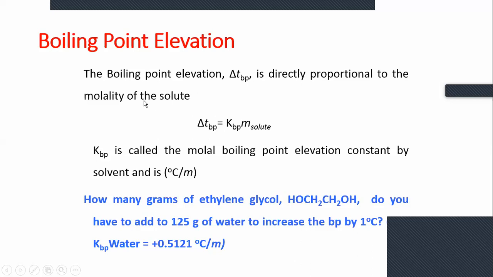Because we said there is going to be an increase in boiling point, definitely there is going to be a change. You're going from the normal boiling point to an increased boiling point.